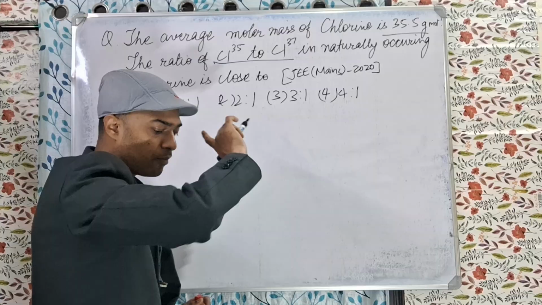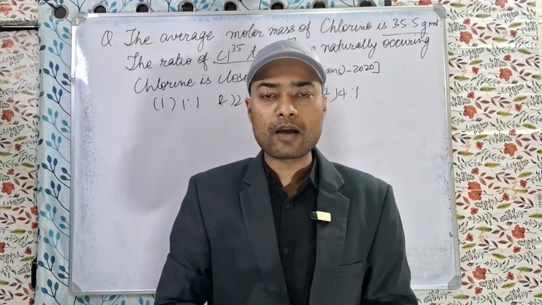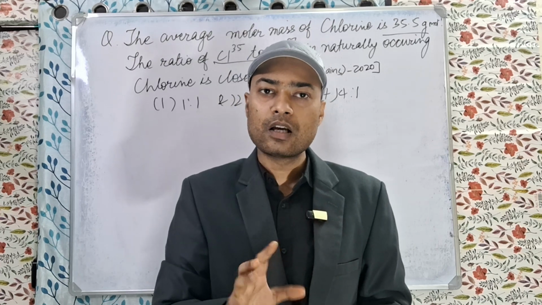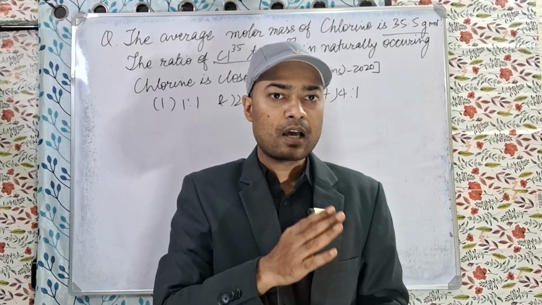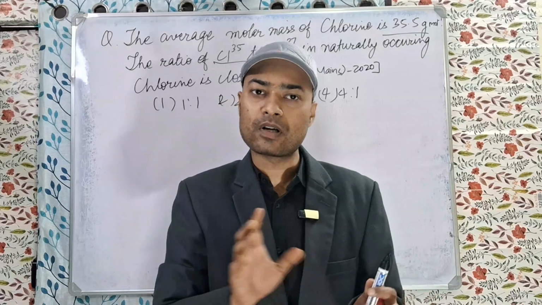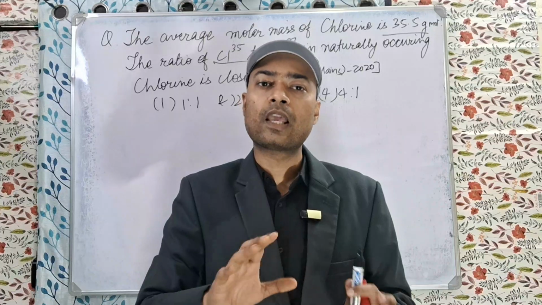First of all, we will consider that the percentage abundance of chlorine 35 is X percent and chlorine 37 will be how much? Since there are two isotopes, it will be 100 minus X, because if you add the abundance of both isotopes, it has to be equal to 100.